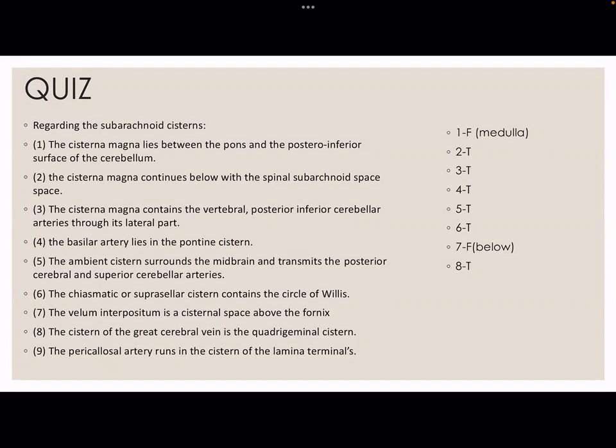Number 9. The callosal artery runs in the cistern of the lamina terminalis. False. Callosal cistern.